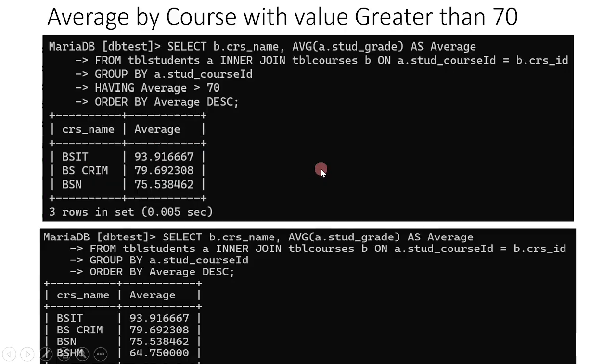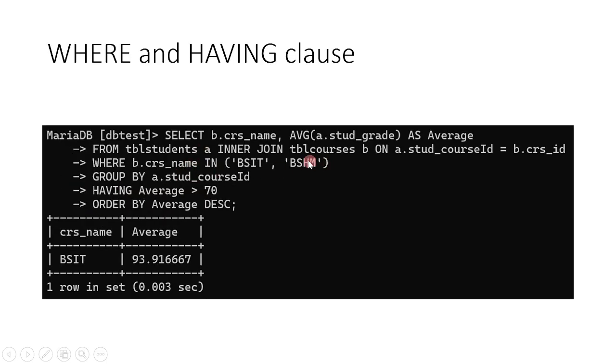We have not included BSCRIM and BSN in our first aggregation as a filter. So when we get the average here, it doesn't include the other courses aside from BSIT and BSHM.